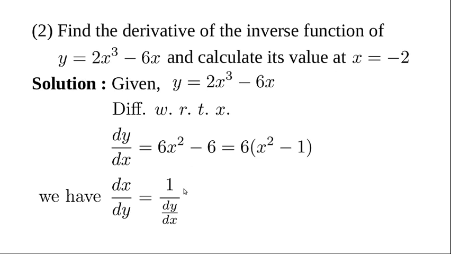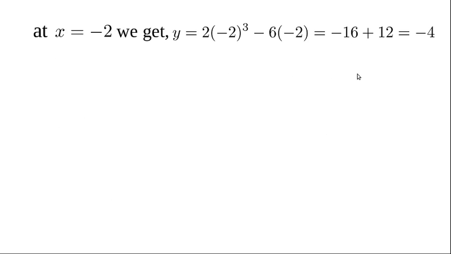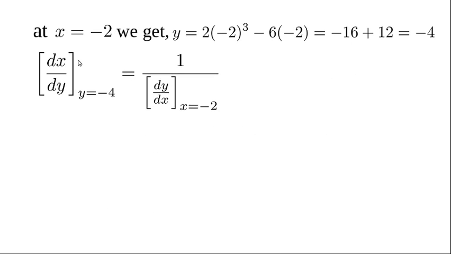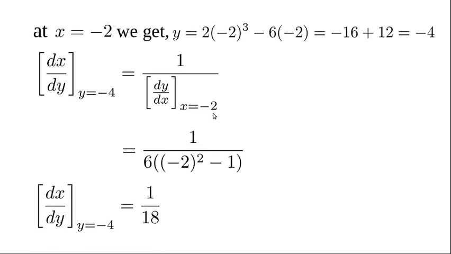That means we are going to substitute here. I'm going to just find out the equivalent value of y when x is minus 2. So when x equal to minus 2, we get y equal to minus 4. That means dx by dy at y equal to minus 4 is the same as 1 upon dy by dx at x equal to minus 2. And on substituting x equal to minus 2 in dy by dx, we get dx by dy at y equal to minus 4 as 1 by 18.